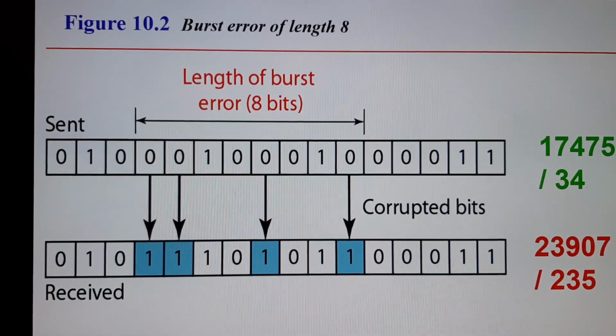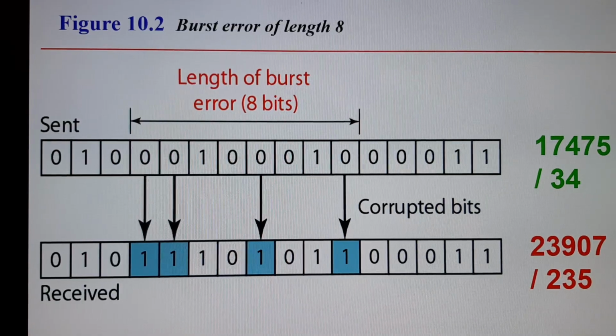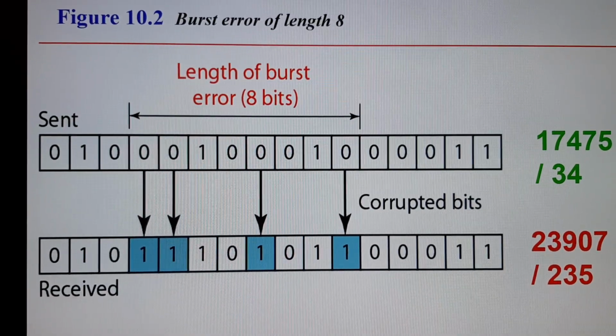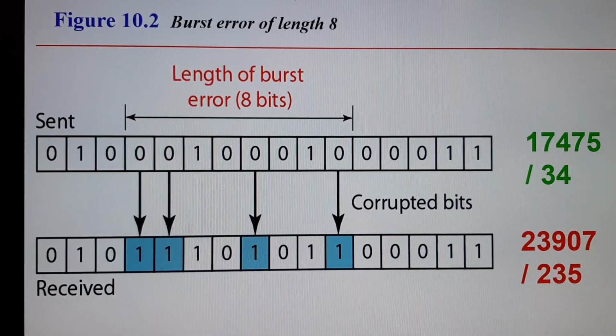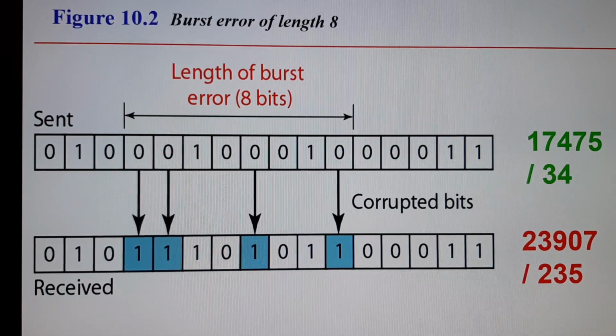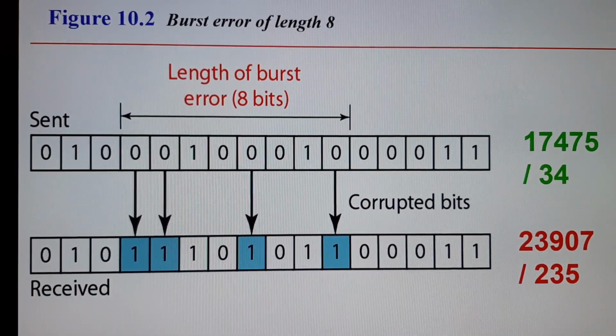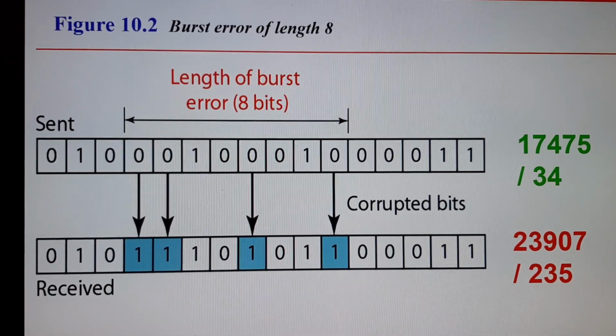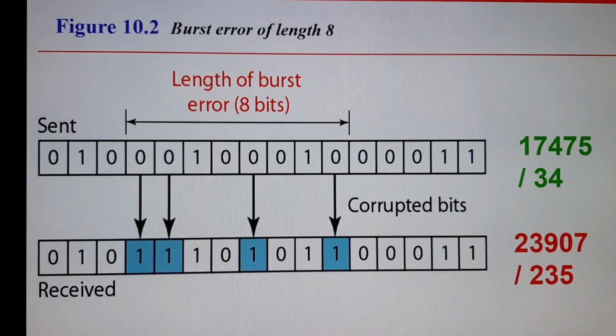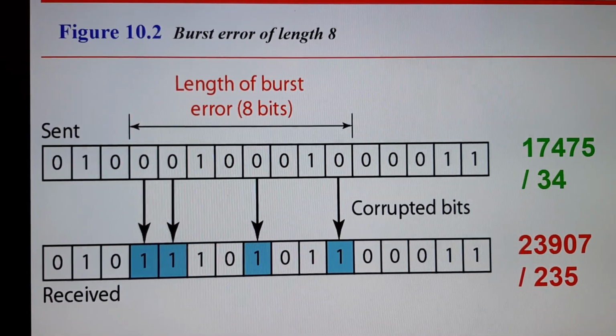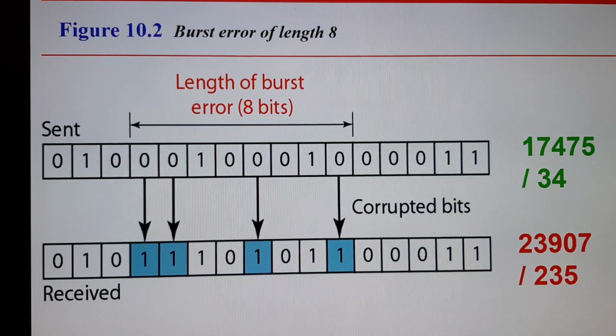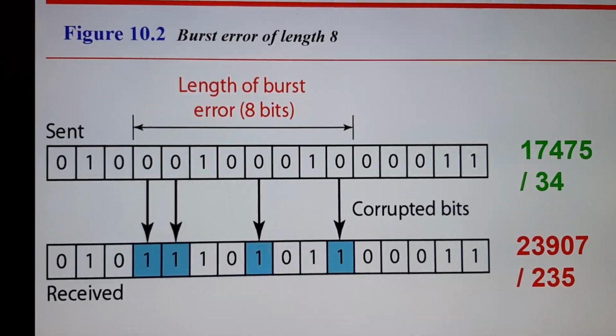For example, if the sender sends data at 1 kbps, a noise of 1/100 second can affect 10 bits. If the sender sends data at 1 Mbps, the same noise can affect 10,000 bits.